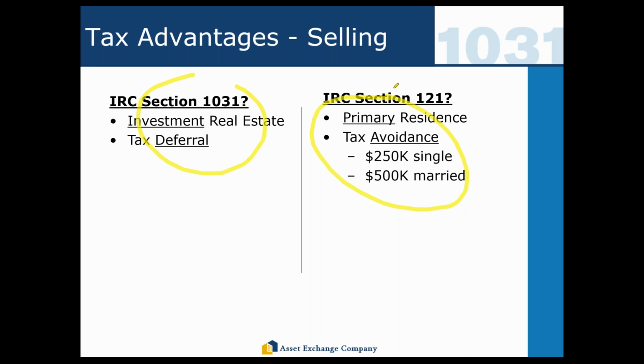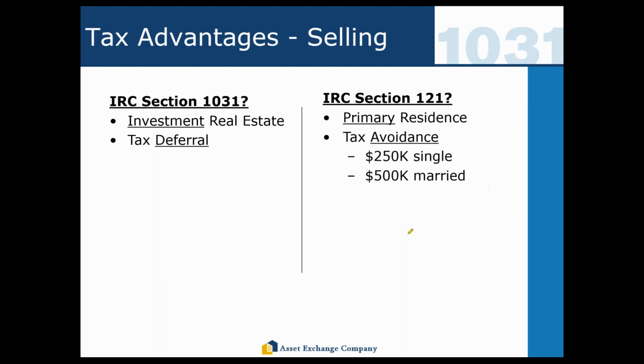You own a property in Palm Springs. You have never lived in it and you have never rented it out. Well, those second homes, unfortunately, ladies and gentlemen, when you sell them, they are fully taxable. If you don't want to pay taxes on your second home in Palm Springs, you either need to move into it or you need to rent it out. That's how we qualify for tax breaks on the sale of real estate.